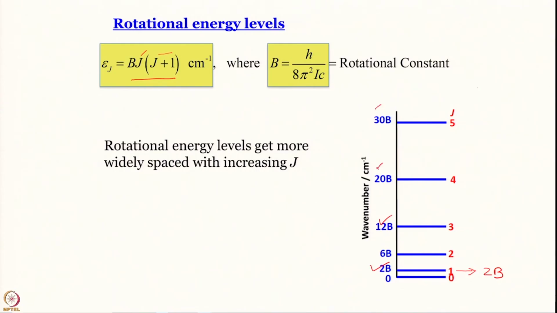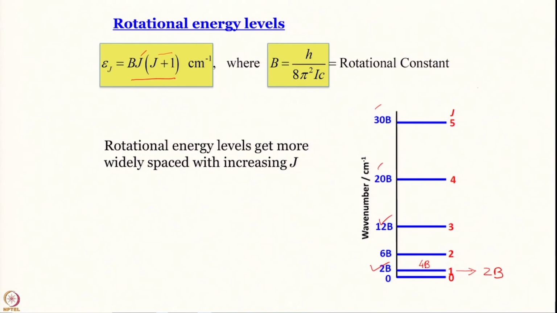Now, let us work out something interesting. What is the energy gap between J equal to 1 and J equal to 0? Obviously 2B, because this energy is 2B, this energy is 0, difference is 2B. What is the energy gap between J equal to 2 and J equal to 1? 6B minus 2B. So, you can write it here, the energy gap is 4B.